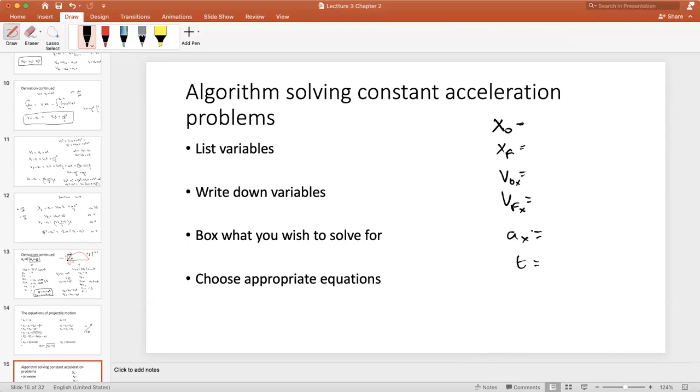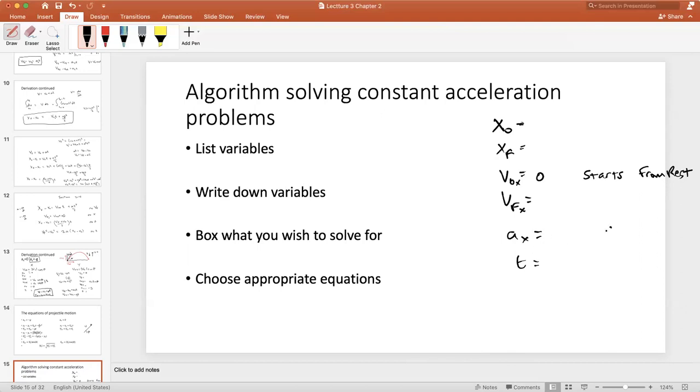And that means things like, if we say that the object starts from rest, you would know that the initial velocity is 0. You're generally going to have to assume where the initial x is. That's kind of up to you in a way.